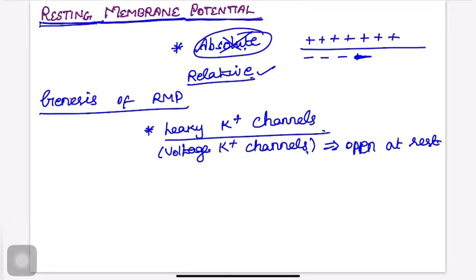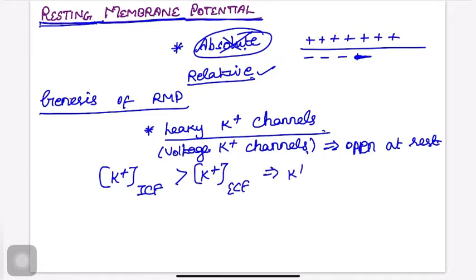So what happens? As we already said from our Gibbs Donnan effect, potassium concentration of ICF is greater than potassium concentration of ECF. So potassium has a concentration gradient from ICF to ECF.